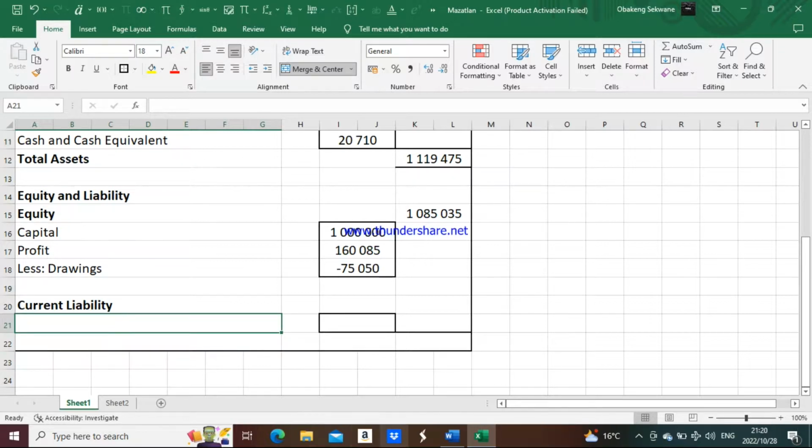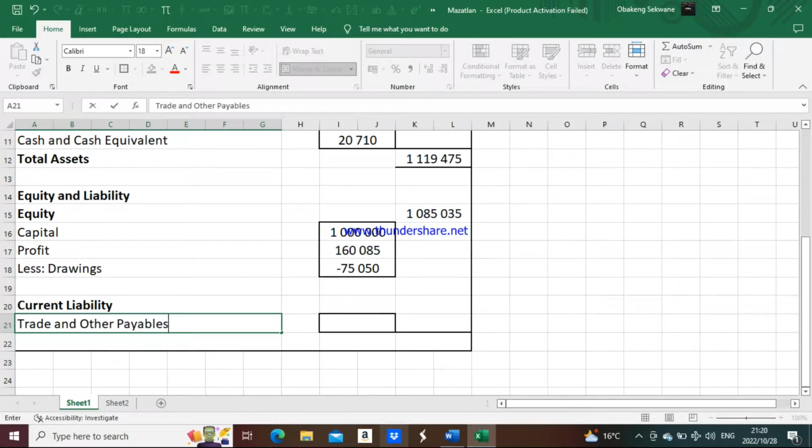And in our current liability we have the obvious one, trade and other payables, which is our creditors. Then I'll just say total equity and liability.